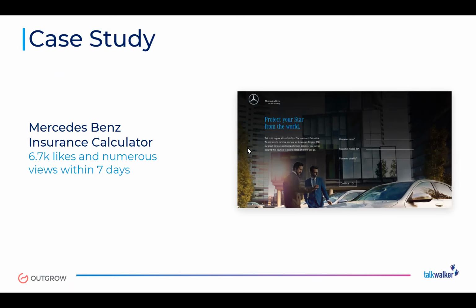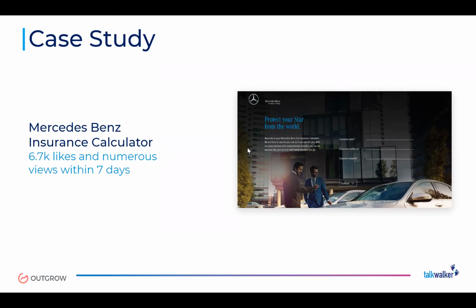Another company that I saw that was using interactive content pretty well was Mercedes. So Mercedes-Benz was looking to increase their engagement on their social media pages, and they created this interactive calculator that basically allowed their users to determine their insurance premium cost.